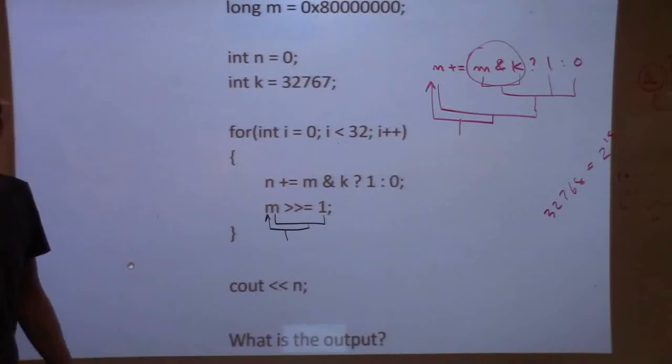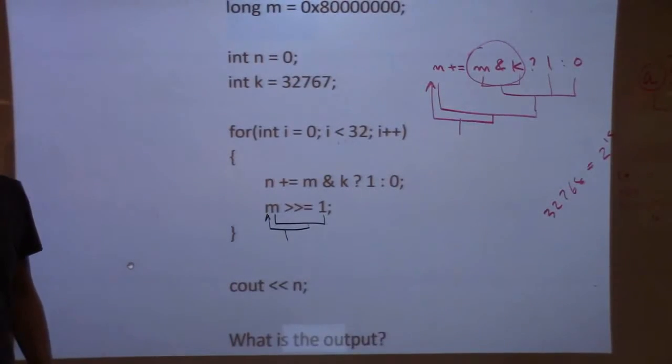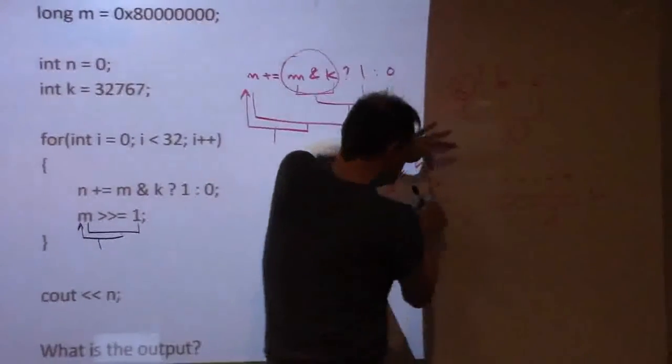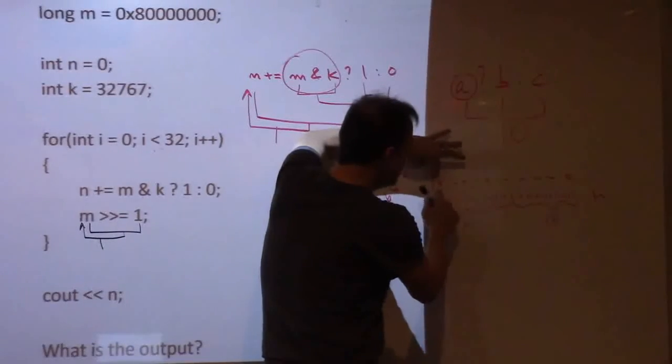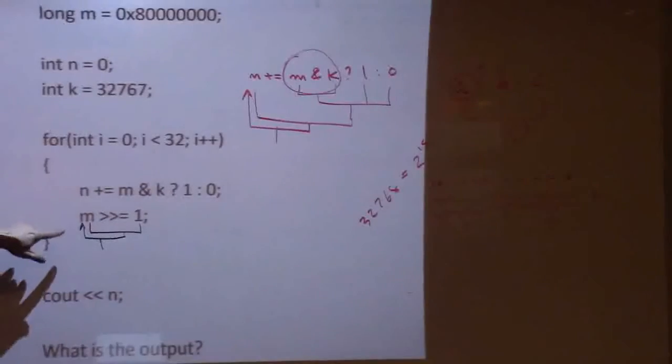What does m look like now? That's m, with the 1 shifted over by one place. So you understand what I'm doing.